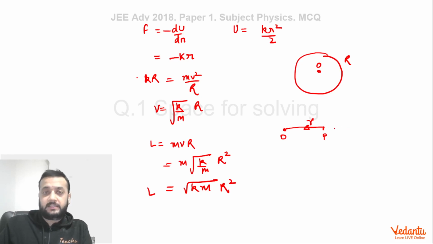So kinetic energy decreases, that means force must be acting opposite to the velocity, and hence force is attractive in nature. We can see it like this, or it's very obvious, most of the students know this, that the minus sign over here indicates attractive nature of the force. Just like in gravitation also, minus GM by r square means attractive nature of the force.